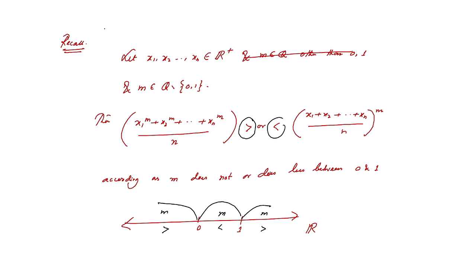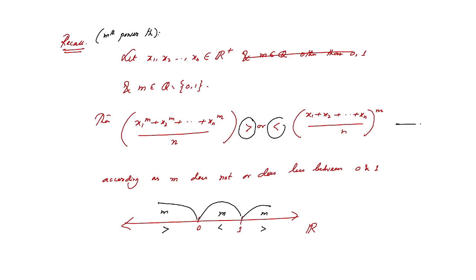So this theorem is called the mth power theorem. This theorem is also important. So now we'll come to why it is important. Here we are just considering the double star.